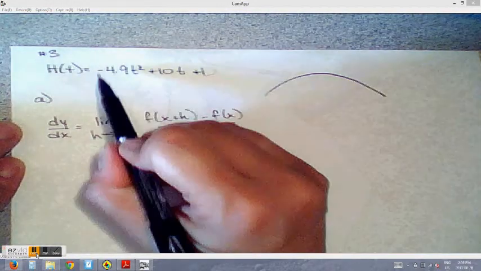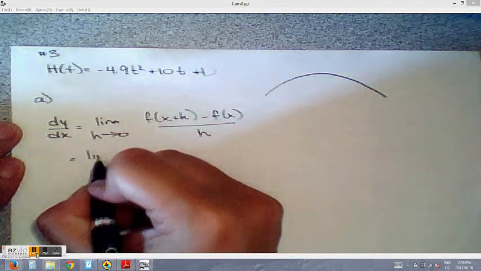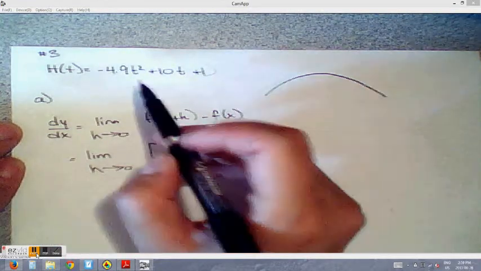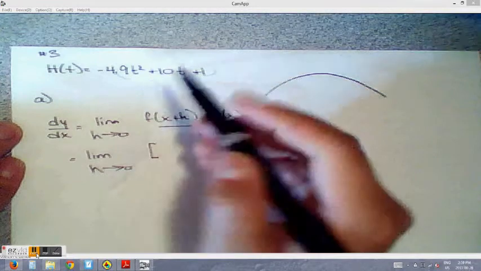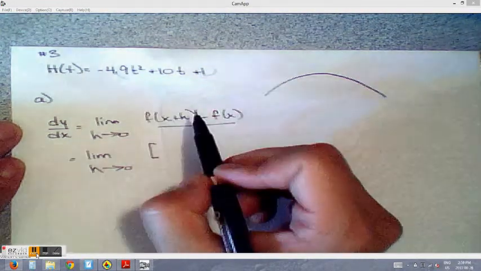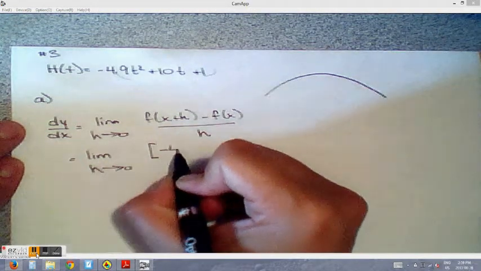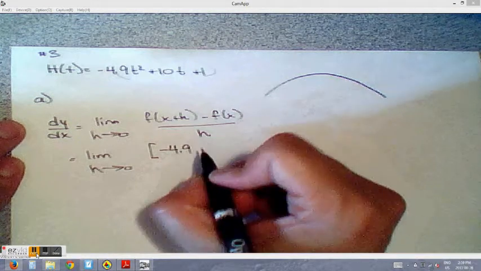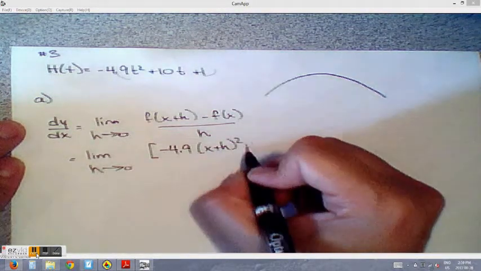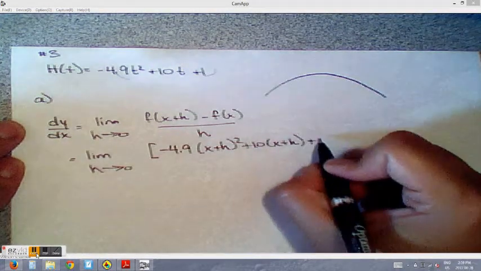This is not so nice, so we're going to use square brackets. I take my entire function, and everywhere there's a t, because that is my independent variable, I'm going to replace it with x plus h. So negative 4.9, using round brackets now, x plus h squared plus 10, x plus h plus 1.